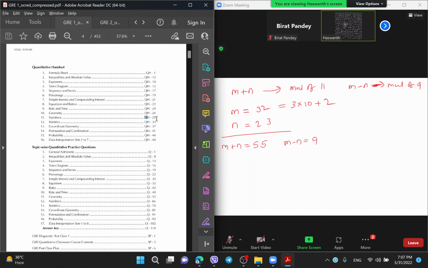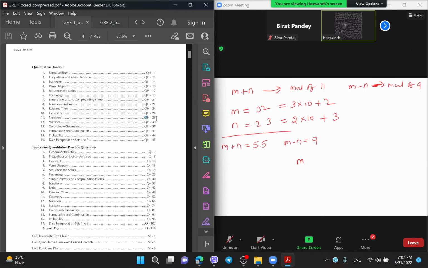We have units place and tens place. So tens place digit 3 into 10 plus units place digit 2 into 1, which is 32. Similarly, 23 can be written as tens place digit 2 into 10 plus units place digit 3 into 1.